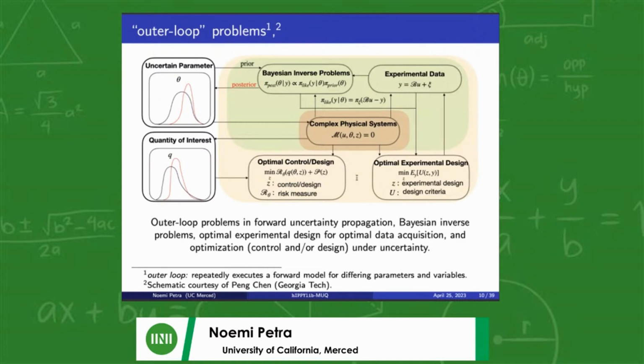And all this will be aware of all the uncertainties in the model and inference. We like to call these, and actually the whole community nowadays calls these, outer loop problems. So this hIPPYlib-MUQ framework comes to help solve all these problems.